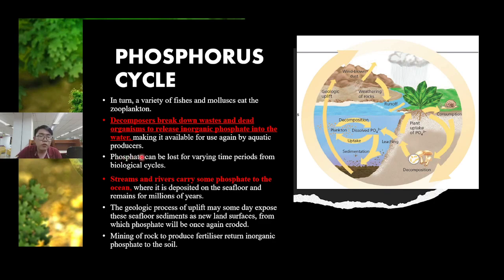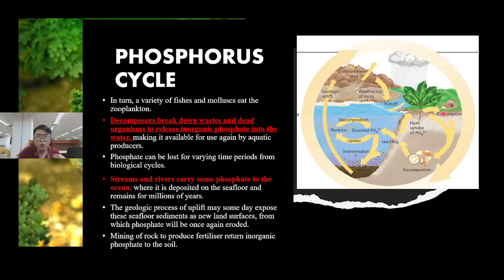Okay, and then the phosphate can be lost for varying time periods from the biological cycle. Because the phosphorus cycle does not exist in the atmosphere, it is very limited compared to carbon and sulfur. So maybe it will be lost for varying times.